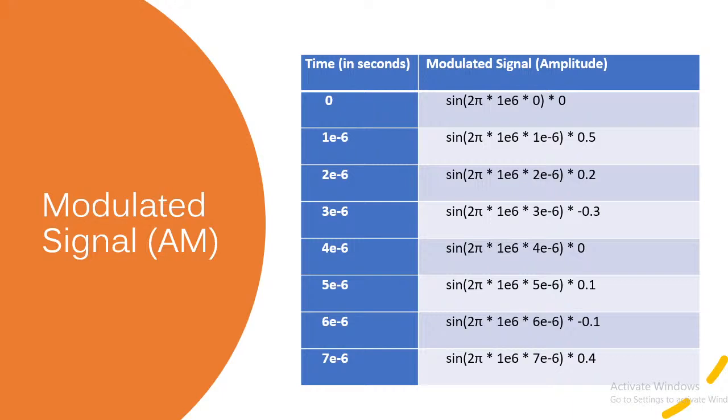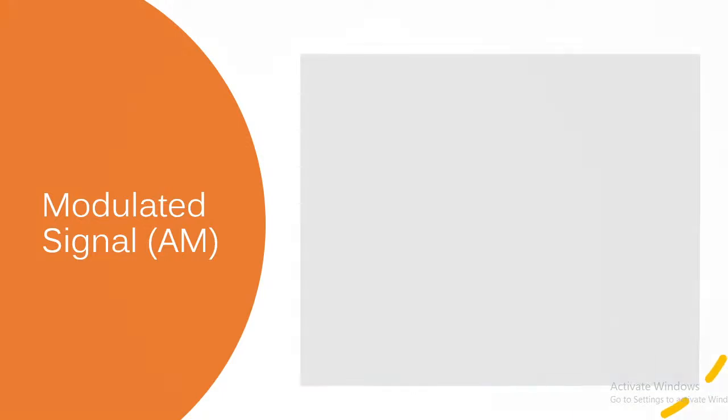Then that sine component is multiplied by the amplitude component of the baseband signal, which is 0, 0.5, 0.2, corresponding to those sample values. Those are the amplitudes of the modulating signal, or the baseband signal. So this gives you the modulated signal amplitudes. On the right hand side, this is how the modulated signal amplitude is obtained.